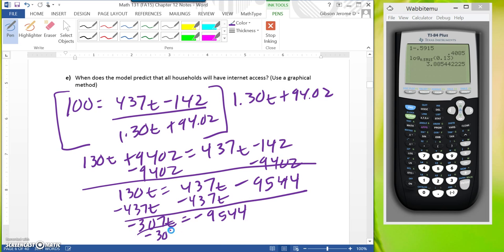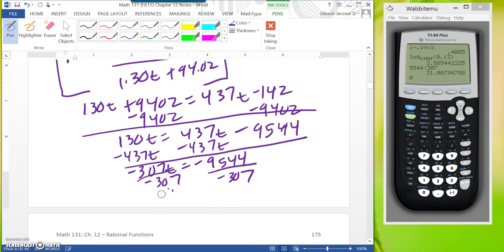We divide each side by negative 307, and a negative divided by a negative is positive, so we can just take 9,544 and divide it by 307. If we round it, it's approximately 31.09. So 31.09 is approximately t.